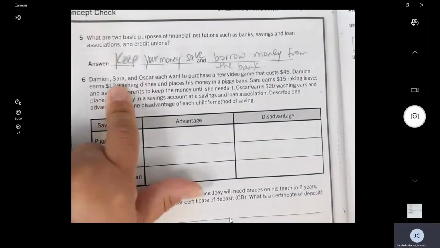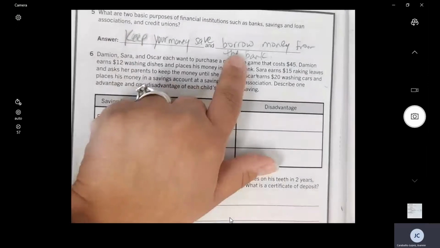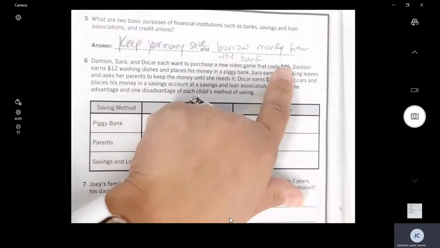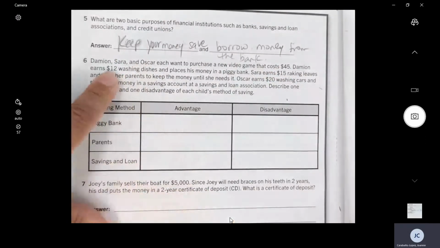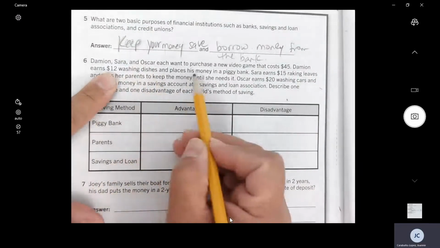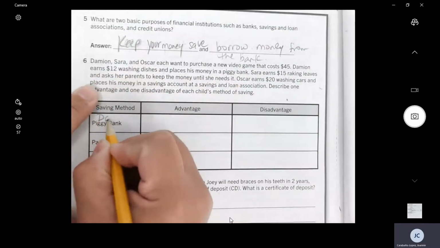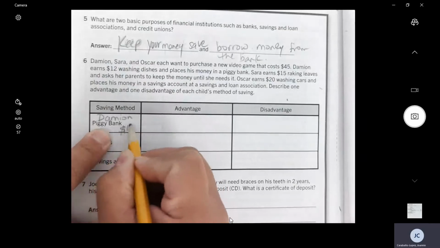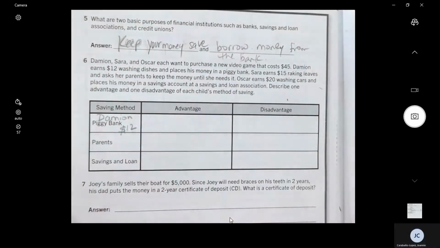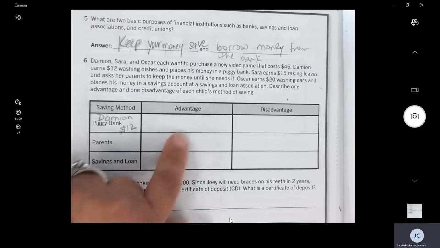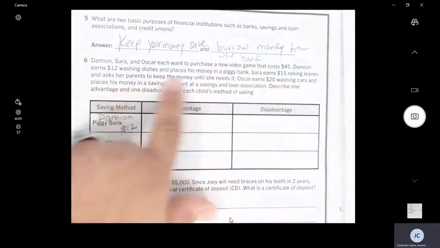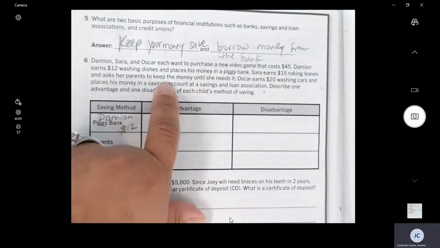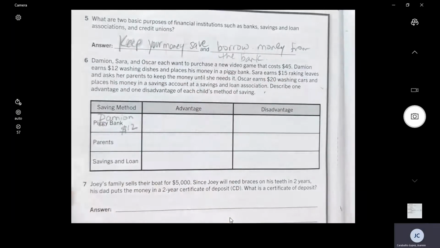It says Damien, Sarah, and Oscar each want to purchase a new video game that costs $45. Damien earned $12 washing dishes and places his money in a piggy bank. So I'm going to write Damien here, because it's his piggy bank, and he made $12 washing dishes. Then Sarah earns $15 raking leaves and asks her parents to keep the money until she needs it.